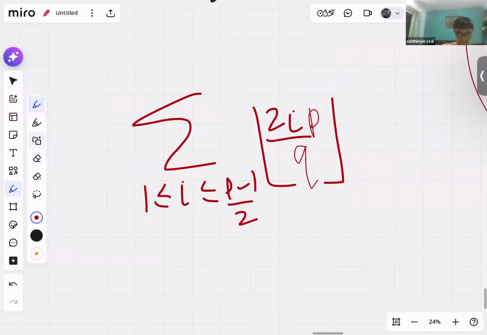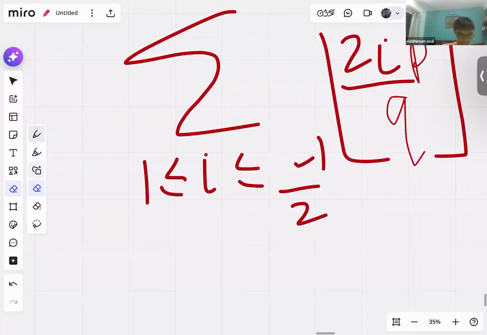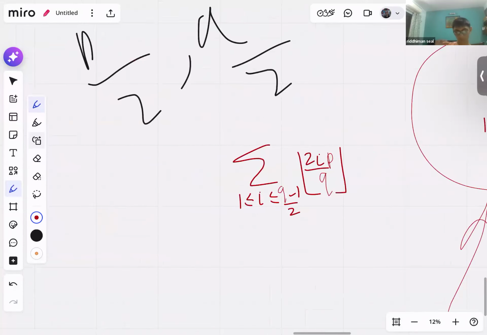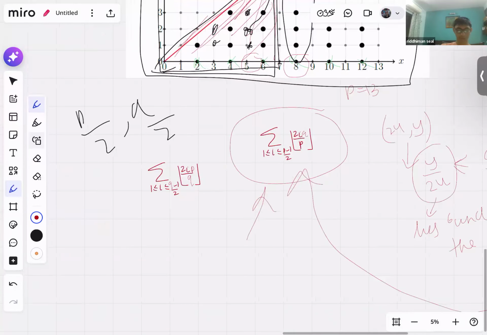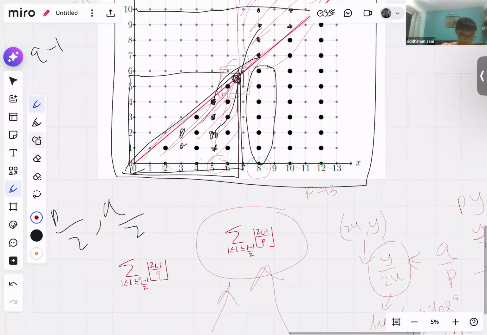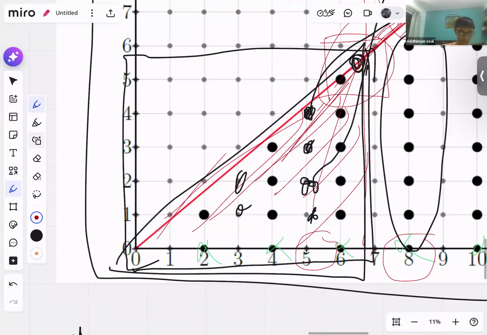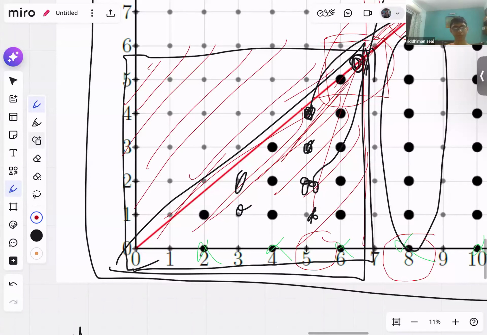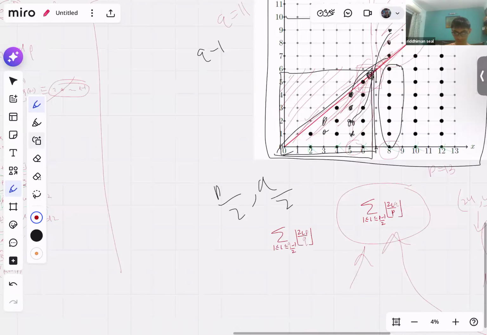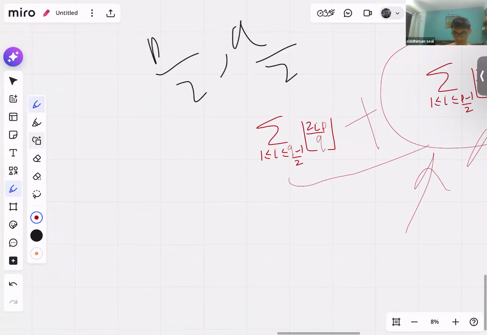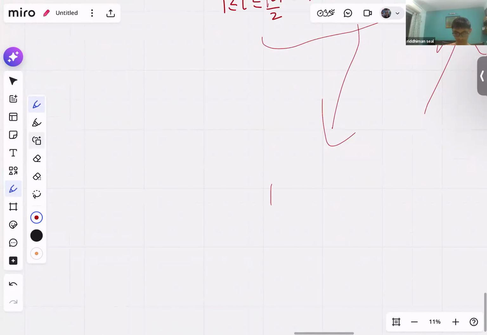This becomes q. Now you look at the other summation, and you will get all the points with integer coordinates in this region because it's symmetric. So this entire sum is the same as the number of points in the small rectangle.